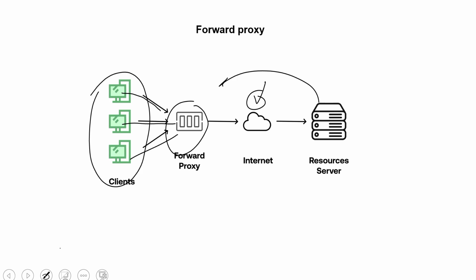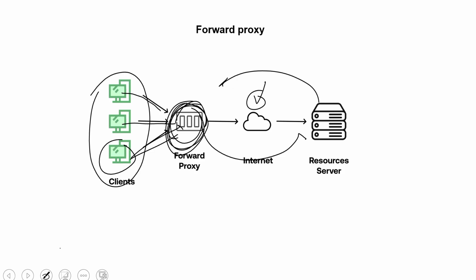The clients connect to the proxy server first, and you send the request to your proxy server. The proxy server forwards your request to the destination. The usage of a forward proxy is to hide a client's IP address for privacy. You can hide your client's IP address here. It can bypass geo restriction or content blocking.